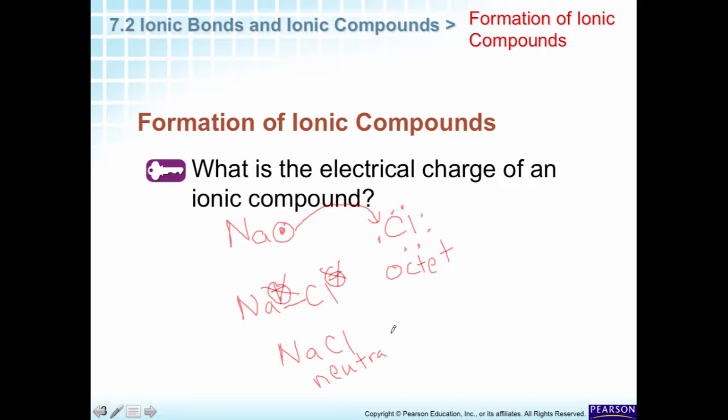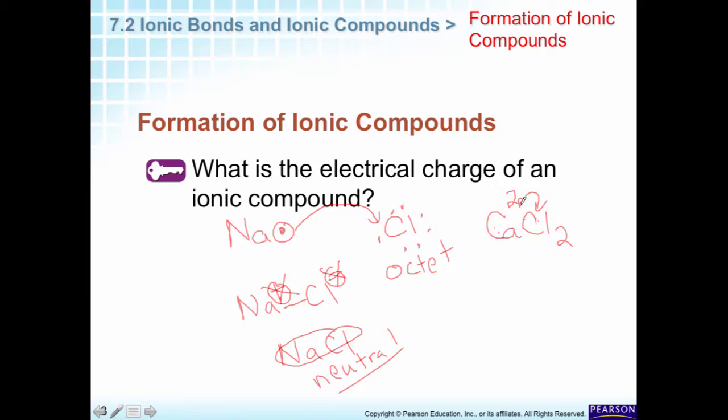So compounds are always neutral because the charges of the ions will cancel out, and that's why you'll see some things like, for instance, calcium chloride, which has a formula like this, meaning we have two chlorides and one calcium. Calcium's in group 2, so it gave 2 electrons, one to each chlorine.